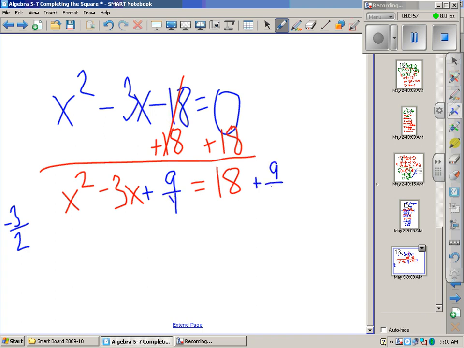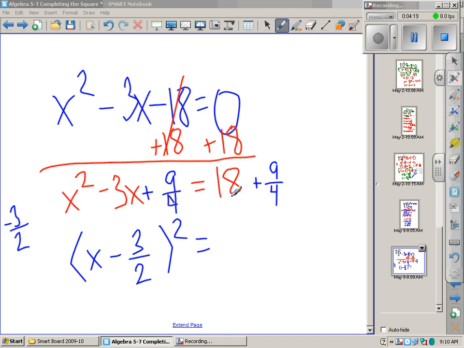Now at first glance, the right-hand side looks very difficult. The nice thing about the factoring on the left side is that all you do is write down x and then take this term and write it in. The stuff on the right will normally work out in a not too difficult fashion. You get a common denominator, which is going to be 4. 4 times 18 is 72, plus 9 is 81.